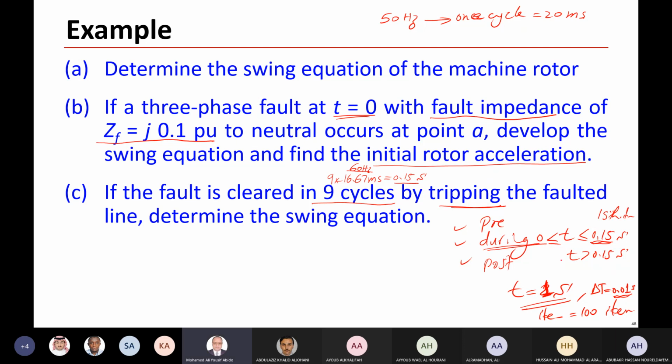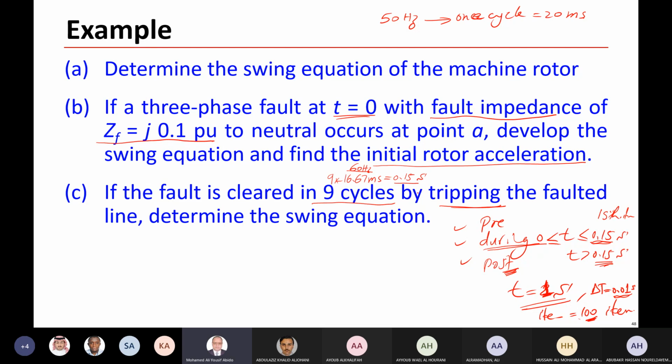After iteration number 16, when the time is greater than this, we will solve this swing equation until iteration number 100. So in this case, you are going back and forth depending on the switching scenario.